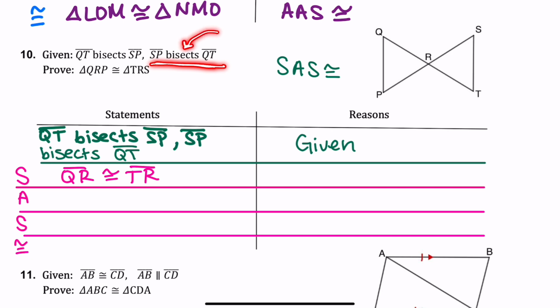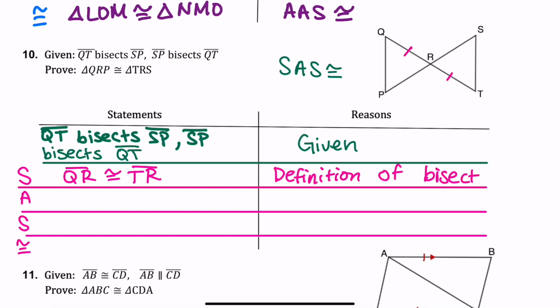So this word right here is why those are the same. Bisect means it cuts in half. So we're using the definition of bisect to tell that those two pieces are the same. Now we need to do our angle. Our angle is this one here. And those are the same because they are vertical angles. So my reason is vertical angles.